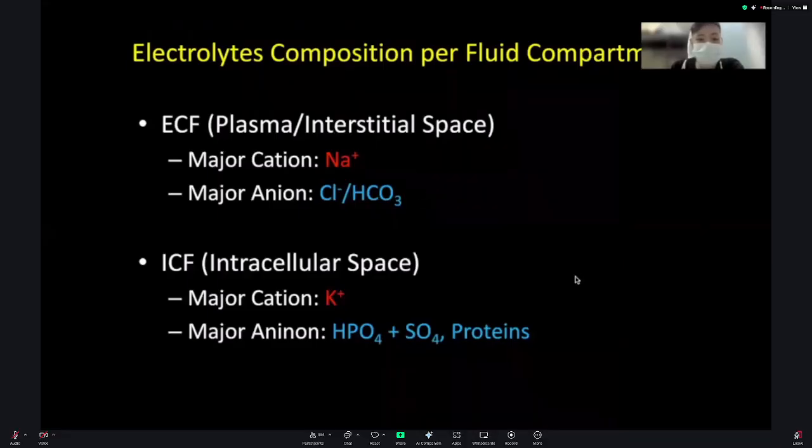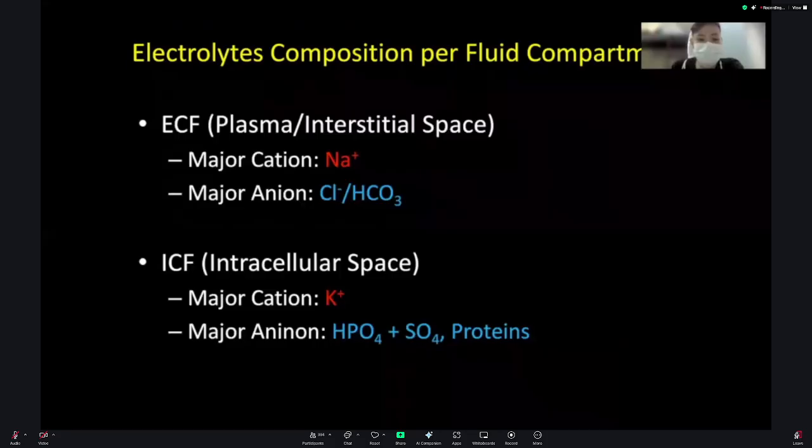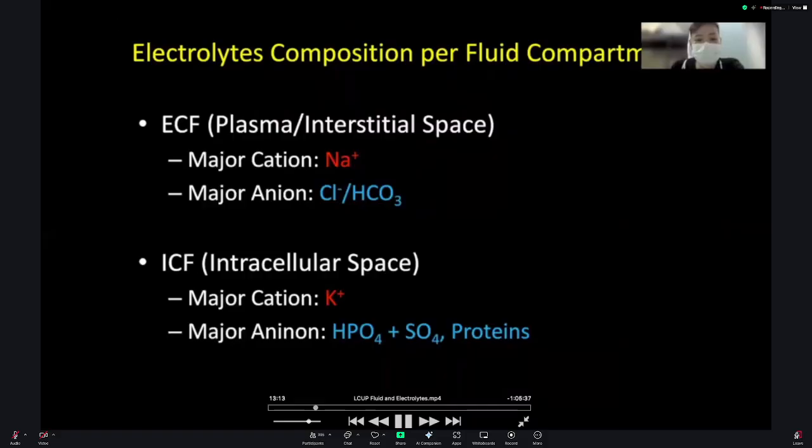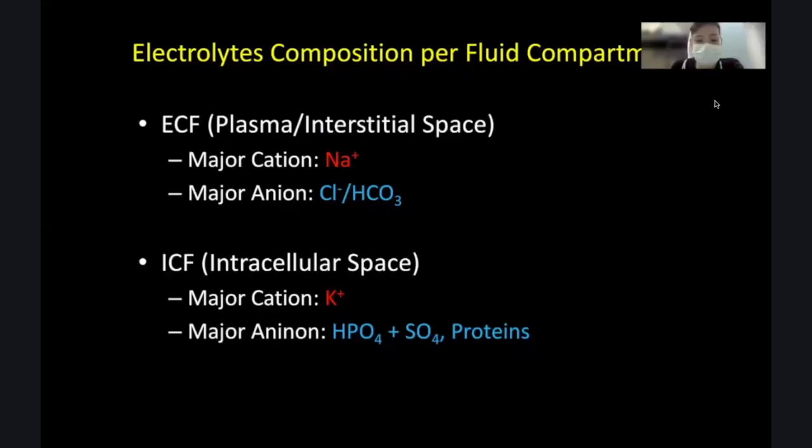So again, for reiteration, in the extracellular fluid compartment, the major cation is sodium, major anions are chloride and HCO3. In the intracellular fluid compartment, the major cation is potassium, and the major anions are phosphate, sulfate, and proteins.